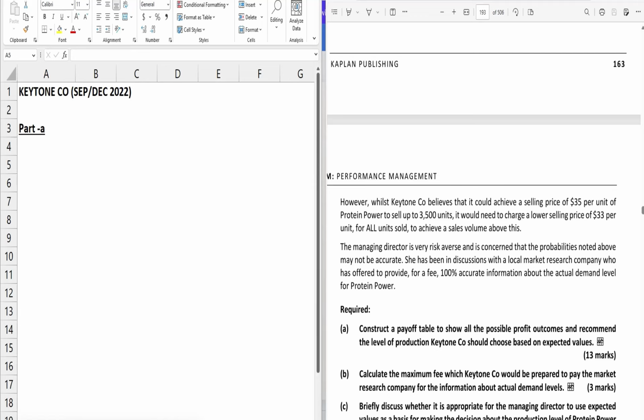Before going deep into the requirement, let's first understand why we are preparing the table. Why do we use a payoff table? Basically, this table summarizes all the possible profit outcomes for different decisions. Like if we are producing 3000 and demand is this much, how much profit will we earn. If we are producing this much and demand is this much, how much profit will we earn.